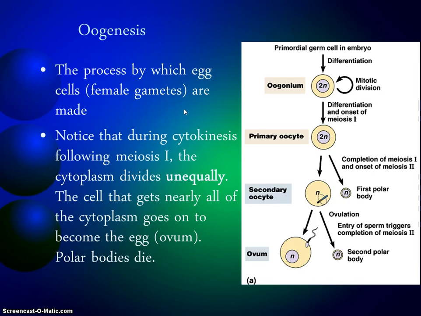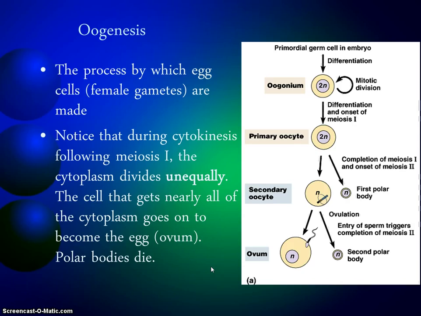gametes, or the eggs. So what's happening here, remember, males produce thousands of sperm in a lifetime. Females only have a certain number of eggs produced within a lifetime, and to make sure that differentiation occurs to the highest level, even though there are going to be 4 cells produced at the end result of oogenesis, only one is going to be viable, which means only one is going to get most of the cytoplasm and become the one that is used as an egg or an ovum.